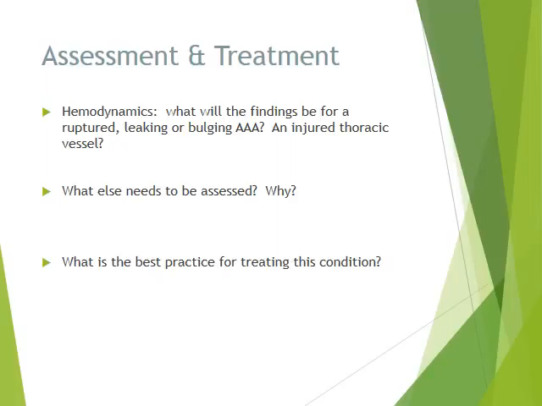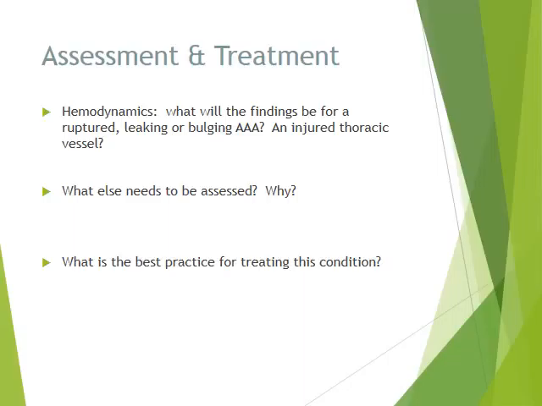Think about their cardiac output, think about their blood pressure, think about their CVP, think about all of those hemodynamics with a ruptured AAA, okay? What else do you need to assess on these patients? And why do you need to assess that? So think about level of consciousness and then go on from there.